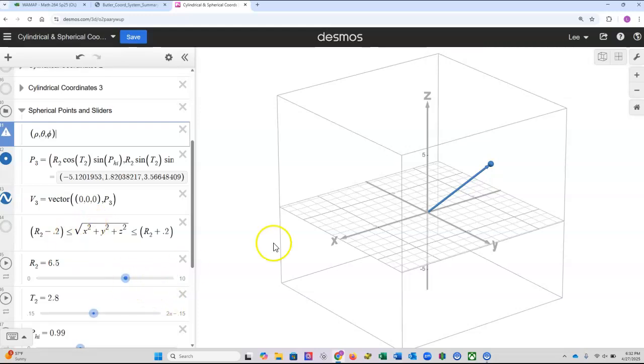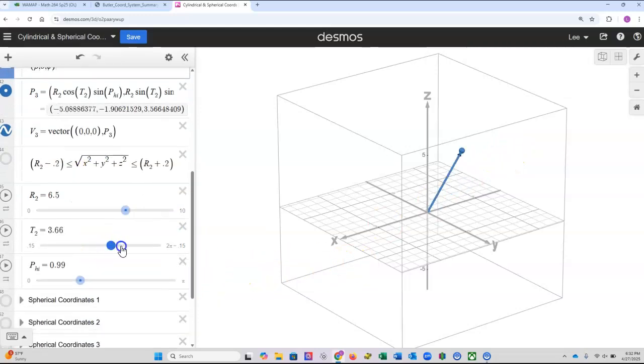As rho changes, again, I go a distance from that origin point out, whatever direction I'm pointing in. The theta will again rotate me around that z-axis, whichever way I want to go. And then the phi is going to change the angle between the z-axis and this vector that's pointing toward this coordinate right here.